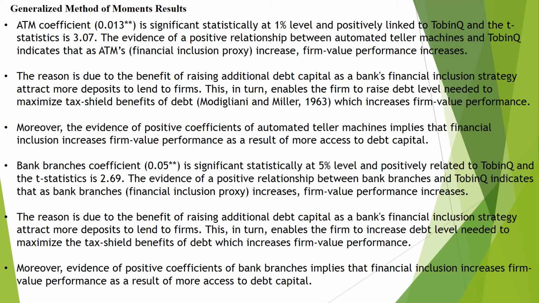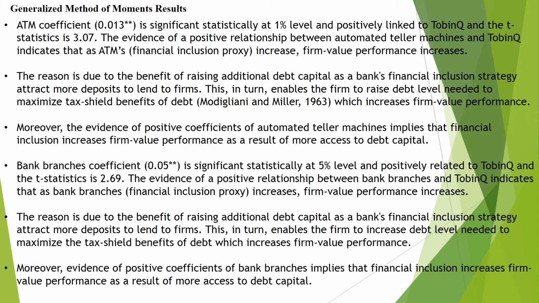Also, the second model is for the bank branches vis-a-vis Tobin Q. The bank branches coefficient is 0.05 and is statistically significant at the 5% level, and positively related to Tobin Q. This evidence can be seen as due to the benefit of raising additional debt capital, as the bank's financial inclusion strategy may attract more deposits to the firms, just like it is in the ATM.